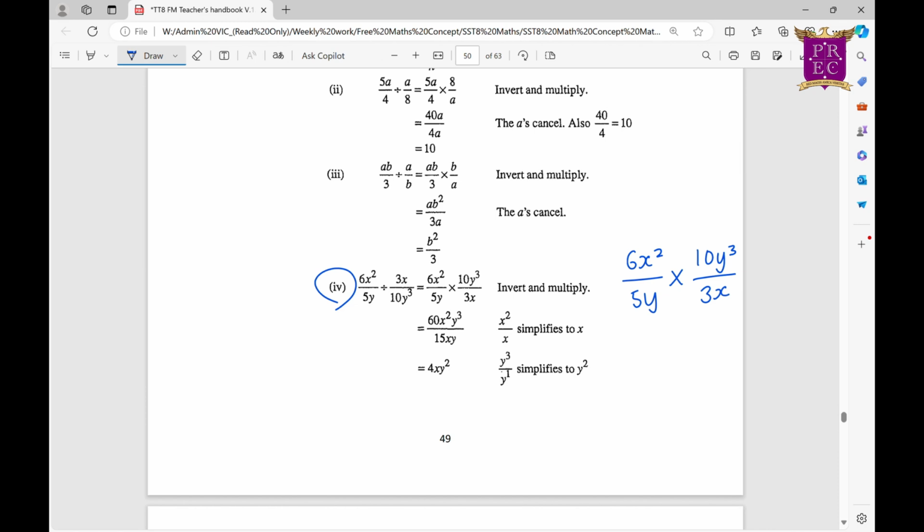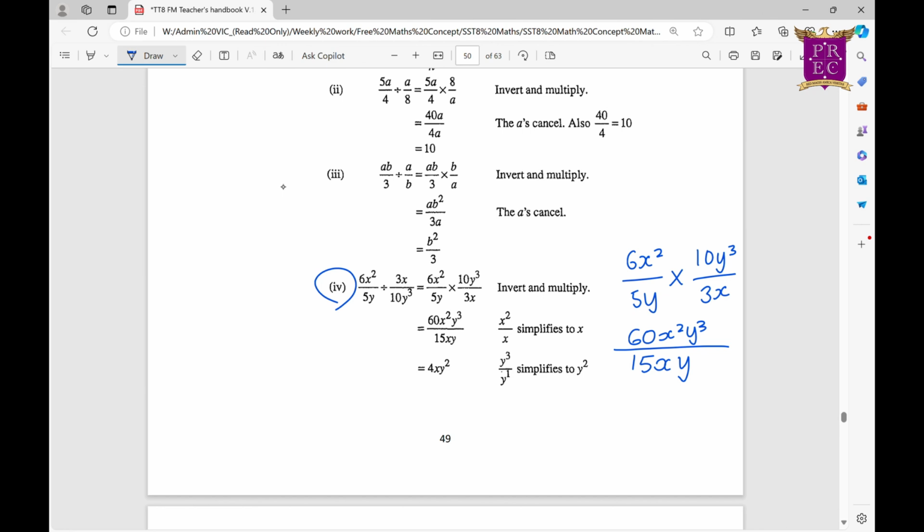So 6 times 10 is 60, x squared remains the same, there's no x's here, and y cubed remains the same because there's no y's there, over 5y times 3x, so 5 times 3 is 15, and we'll just write it as xy to match the one at the top.